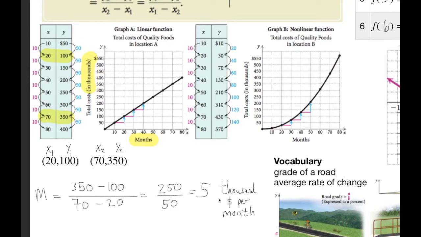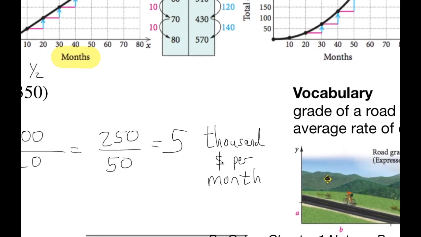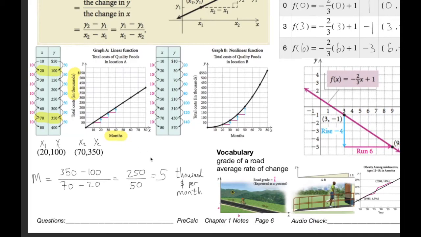The slope often uses the word per, because you have to compare the y units per the x units. 5 miles per hour, 5 kilometers per second, $5 per dog, $16 per day. Whatever it is, the slope is often going to be using this word per, because you're comparing the two.